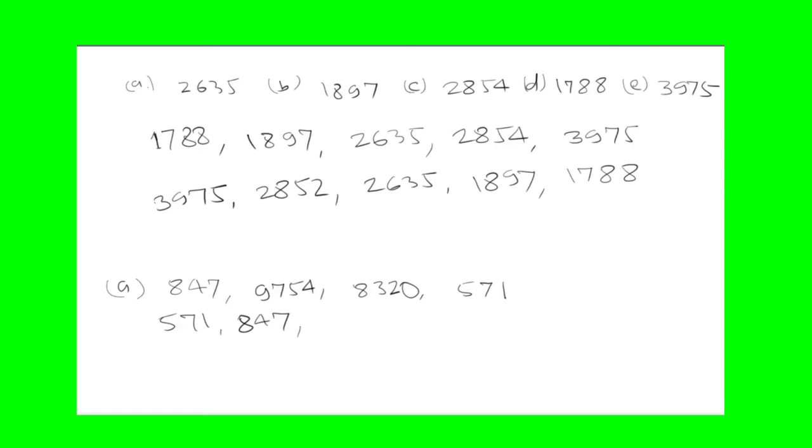One is 9,754 and 8,320. So we will be putting 8,320 and then 9,754. This is our ascending order. For descending order, we can reverse this.